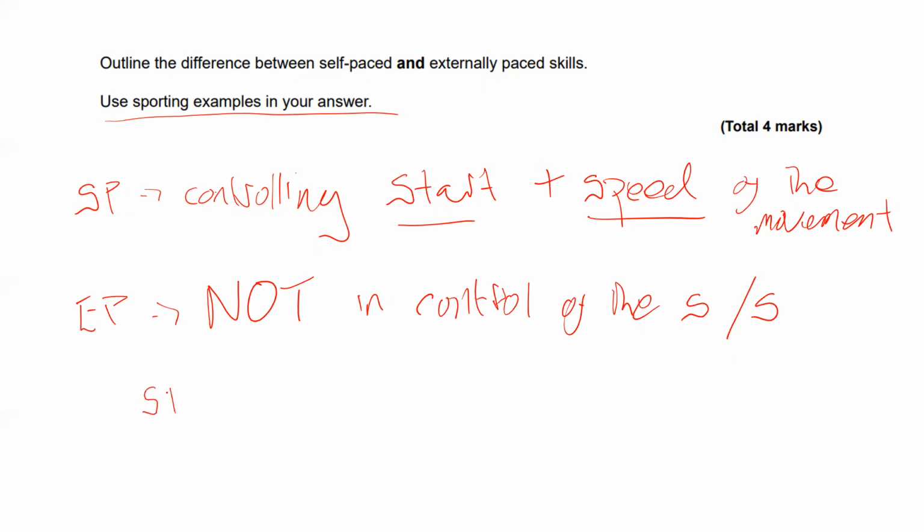So self-paced, e.g., and remember, we've got a little bank of go-to examples for this sort of skill classification question. Self-paced, we're looking at basketball free throw. You control the start and the speed of that skill.